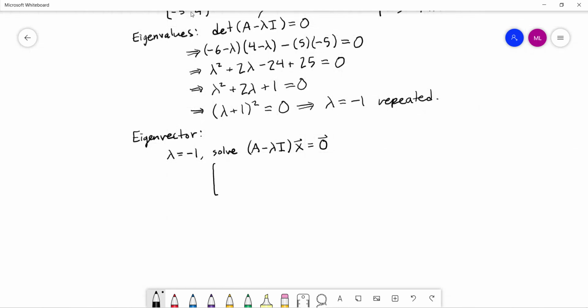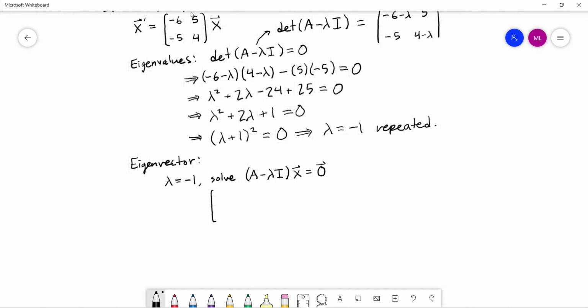A minus lambda I is going to be negative 6 minus a negative 1, 5, negative 5, 4 minus a negative 1, times, let's call them k1 and k2, equals our 0 vector, which is 0, 0, to make it totally clear.